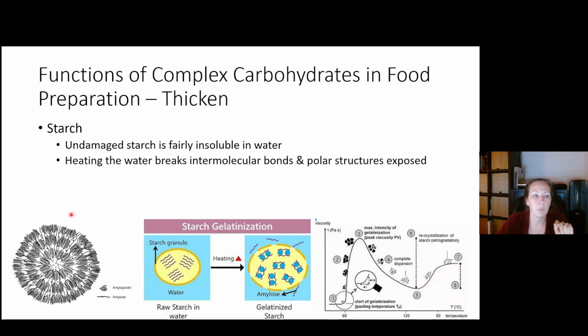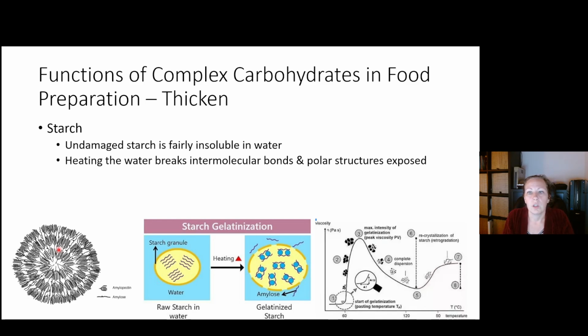So if we break the hydrogen bonds between the amylose and amylopectin molecules, now those hydroxyl groups are exposed. They're not bonding with each other anymore. They're exposed, and water can come in and now bind to those hydroxyl groups.